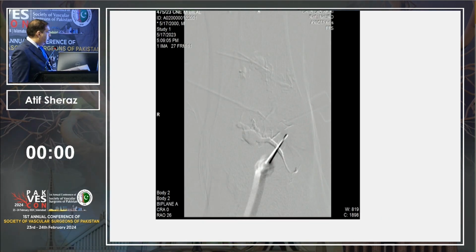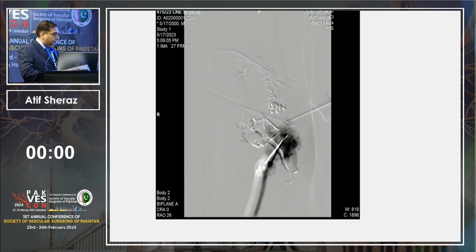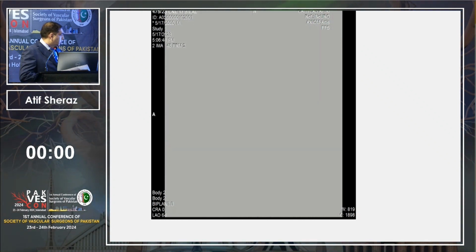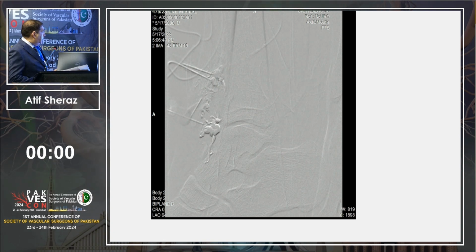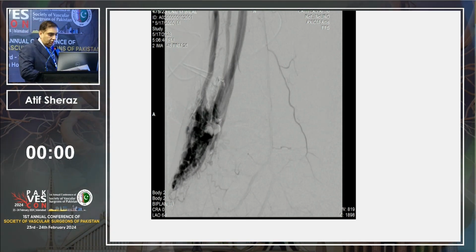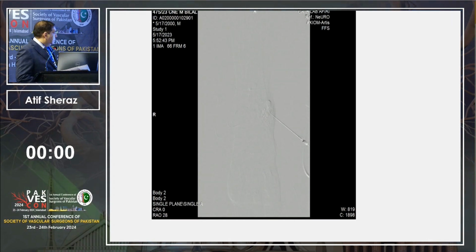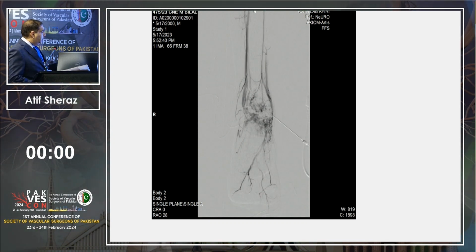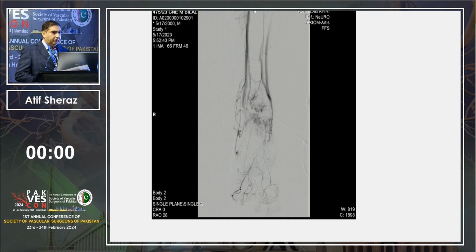This is another percutaneous puncture into the nidus. And we can see that there's another feeder. So we kept on doing them. And in the last image, we have got a reasonable occlusion of the nidus. There is some residual part, but now the case can be surgically operated.